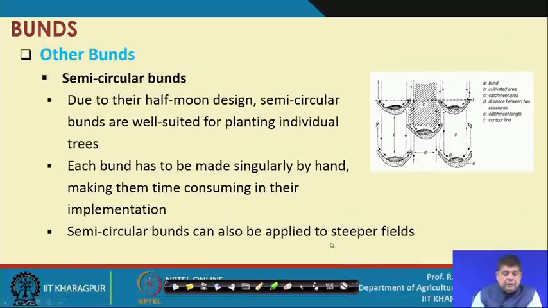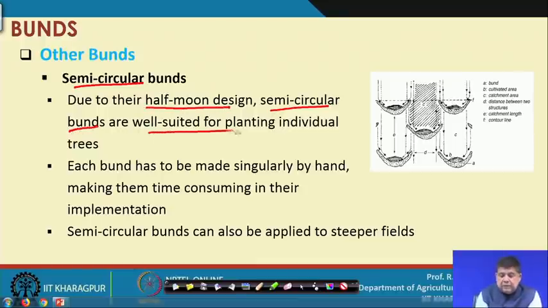Another type of bund is the semicircular bund. As the name itself suggests, they are semicircular or half moon in design, and they are well suited for planting individual trees. As you can see here, this is how they look. Mounds are built here and trees are planted here.